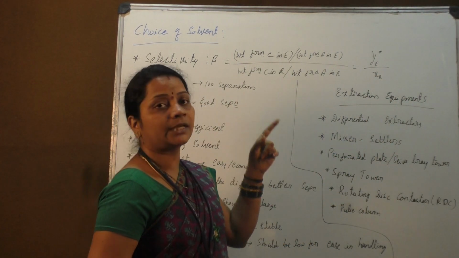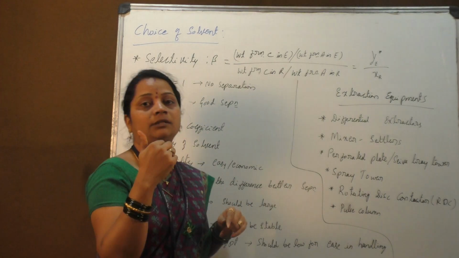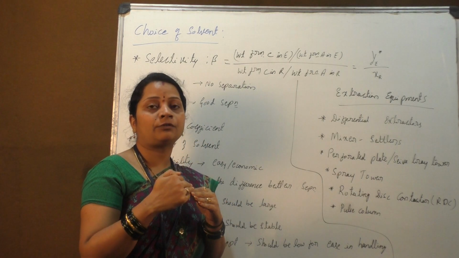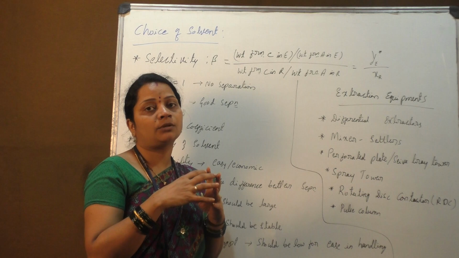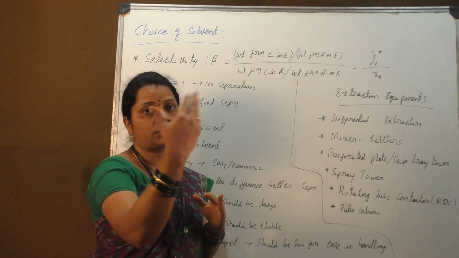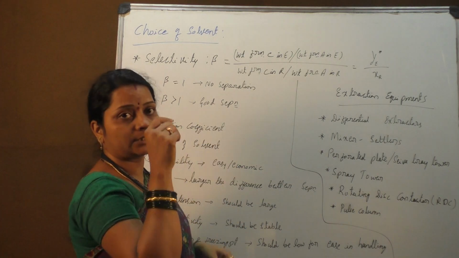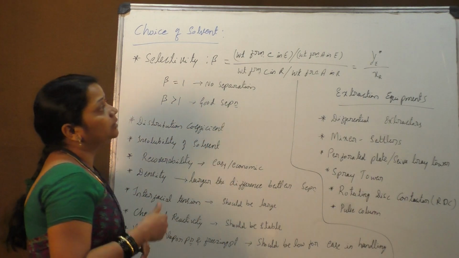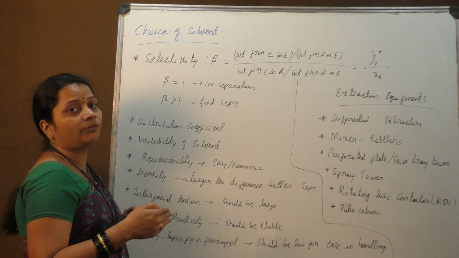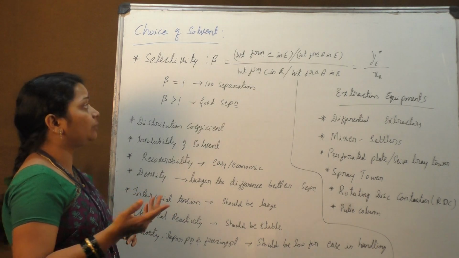Y star indicates the equilibrium condition. It is nothing but the solute moving from the base solution to the freshly added solvent. That is the reason it is indicated as Y star. It means we consider the separation only when both the phases attain equilibrium.